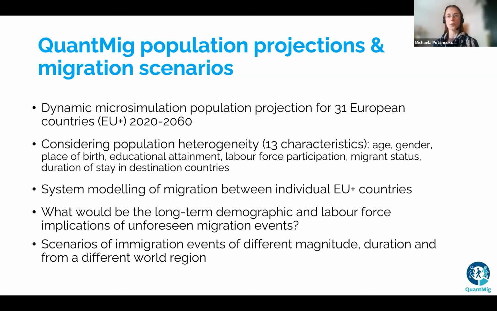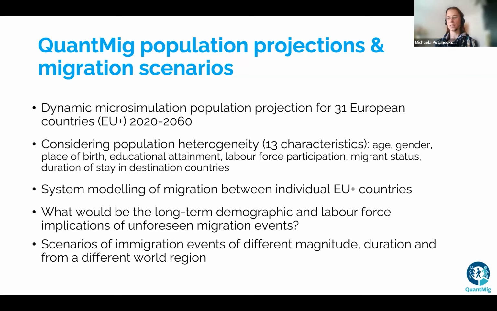Since we're interested in modeling the potential of future labor force, we need to account for a few more dimensions than Samir talked about, and this is much more feasible in a microsimulation model.